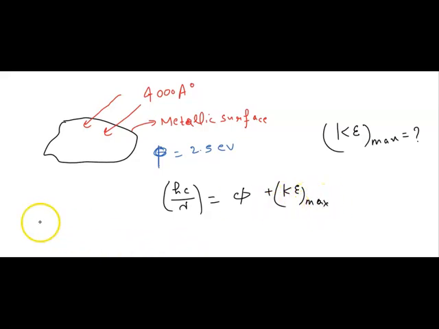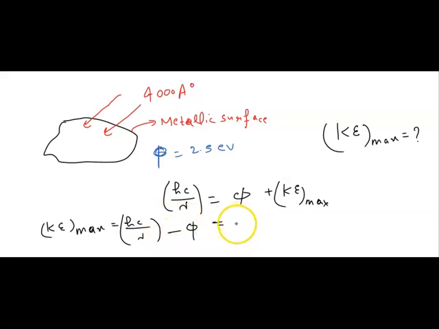So if you need to calculate K max, it is equal to hc upon lambda minus phi, where phi is the work function.